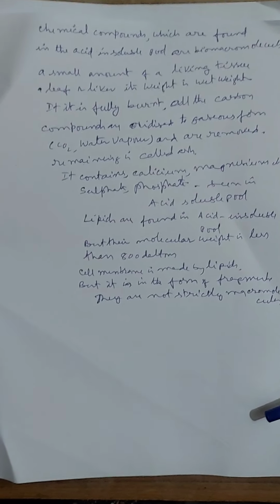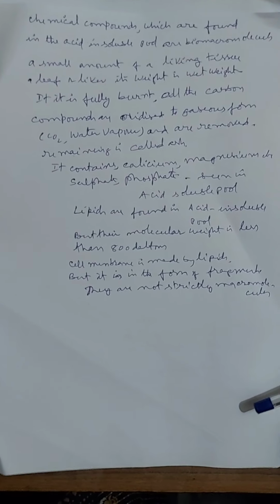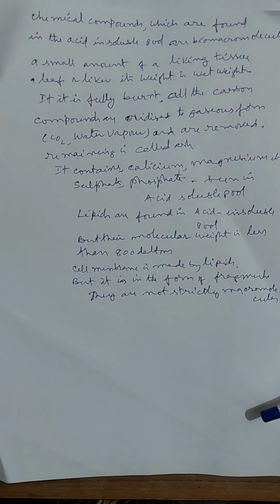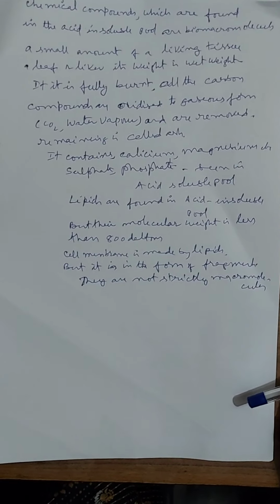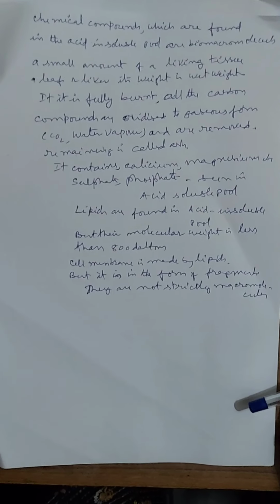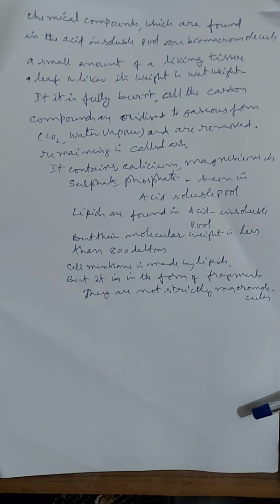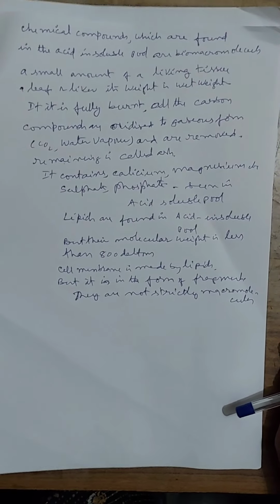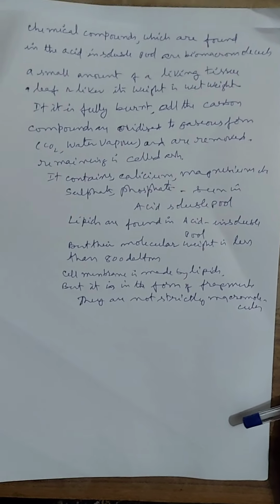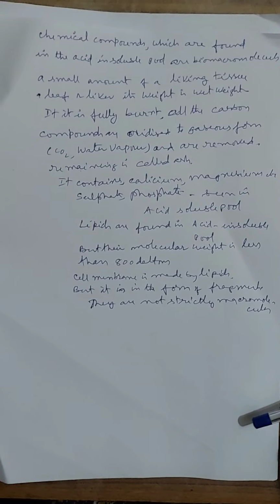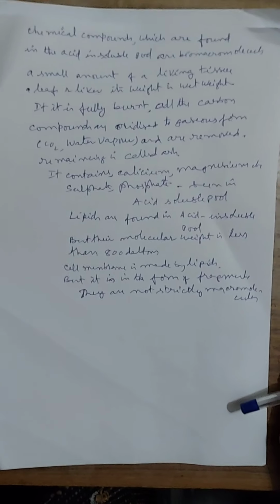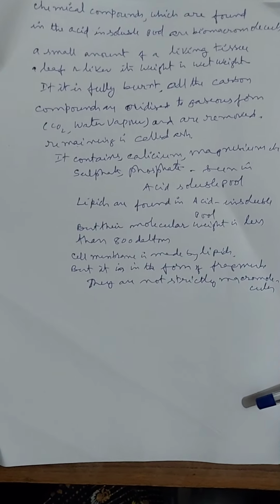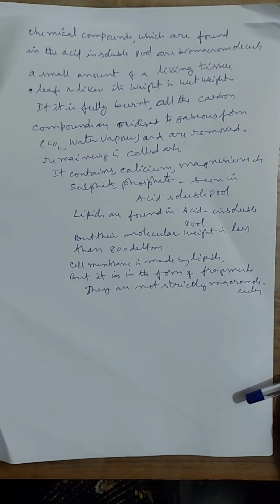A small amount of a living tissue, a leaf or liver, its weight is called wet weight. If that is fully burnt, all the carbon compounds are oxidized to gaseous form, carbon dioxide and water vapor, and are removed. The remaining is called ash, and ash contains calcium, magnesium, sulfate, phosphate. They are seen in the acid soluble pool.